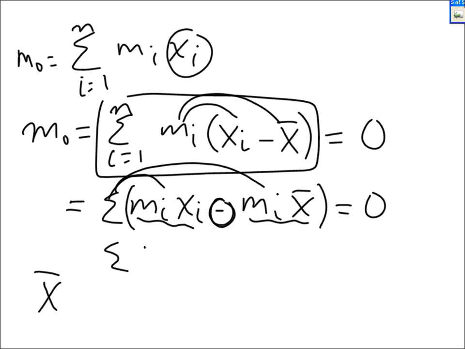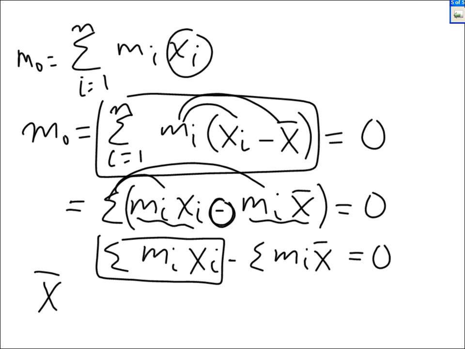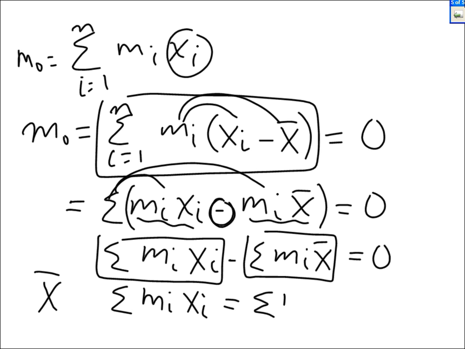That is the sum of mi xi minus the sum of mi x bar is 0. And I'm really, really big on a subtraction equaling 0. If this minus this is 0, then they're equal to one another. The summation of mi xi is equal to the summation of mi x bar.